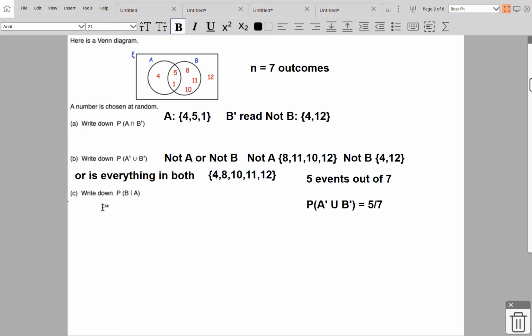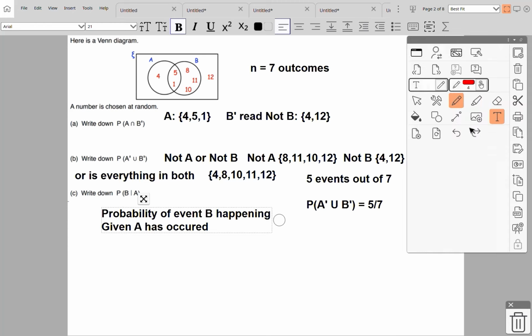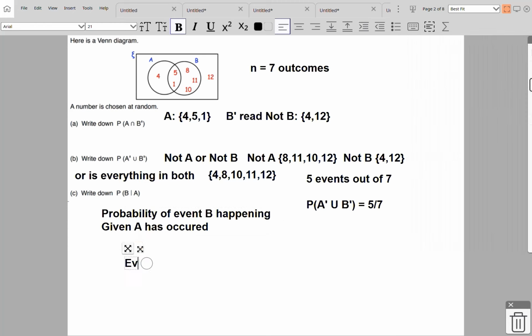C is kind of different. C is read the probability of event B happening given A has occurred. So event A has 3 things in it.